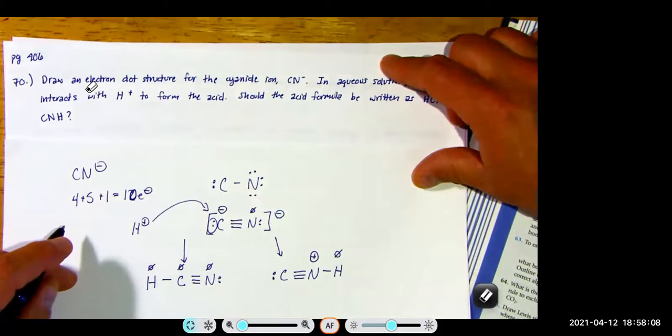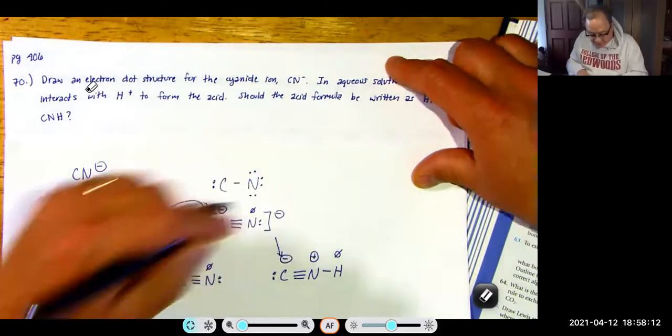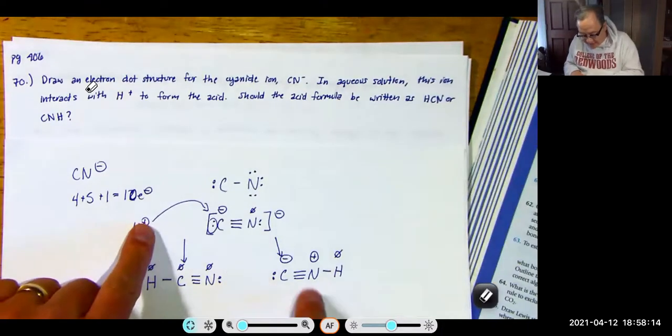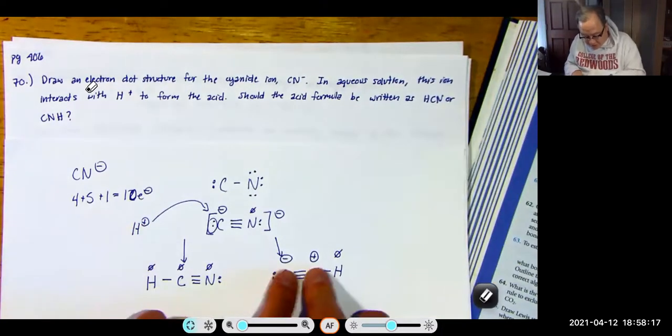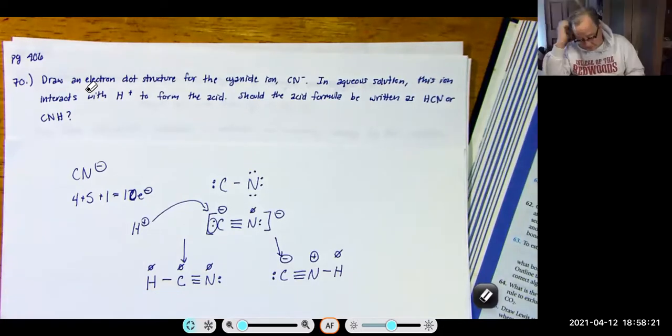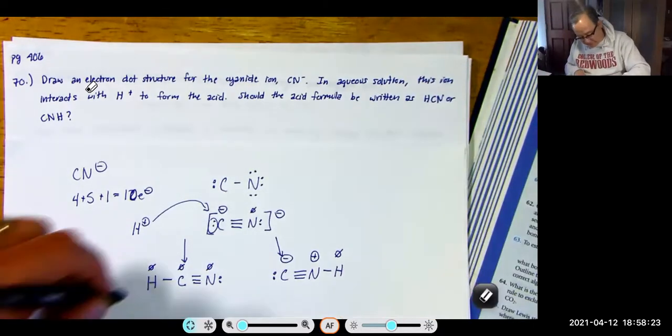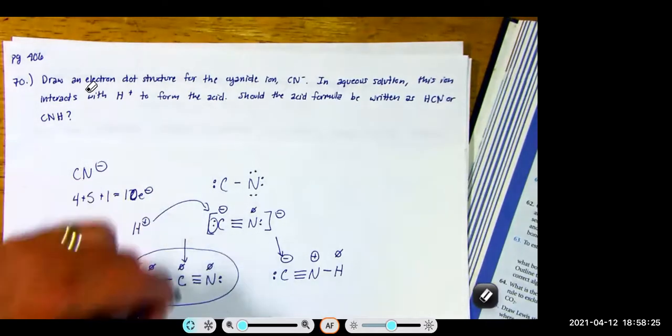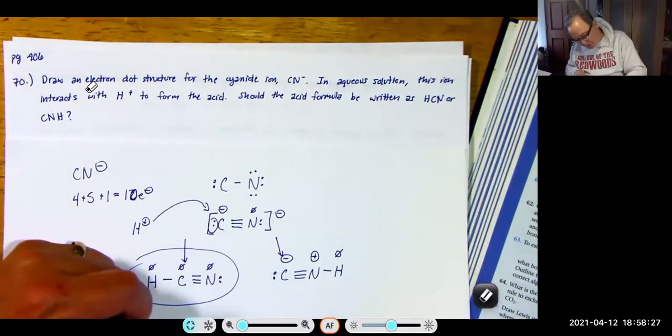Carbon, 1, 2, 3, 4, 5, -1. So does it make any sense for this molecule to make this and have this kind of charge separation? Or would you rather make this and everything have a formal charge of 0? It would make more sense for the first one. So this one's the winner, chicken dinner.